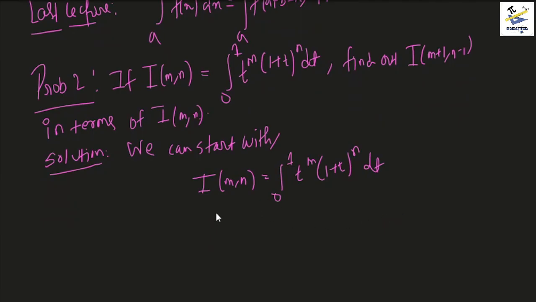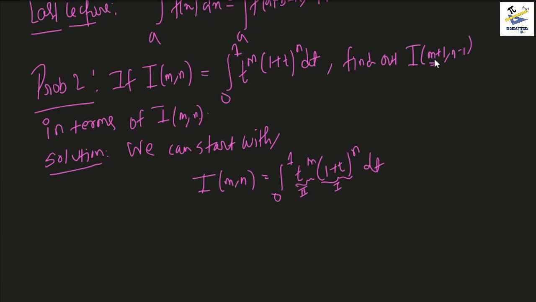What we can do here is, in the example we need to have t to the power m plus 1. So it suggests that while doing IBP, this must be the second function, so that it is integrated, and this must be the first function, so it is differentiated, because when we integrate t to the power m you get a term of t to the power m plus 1, right?